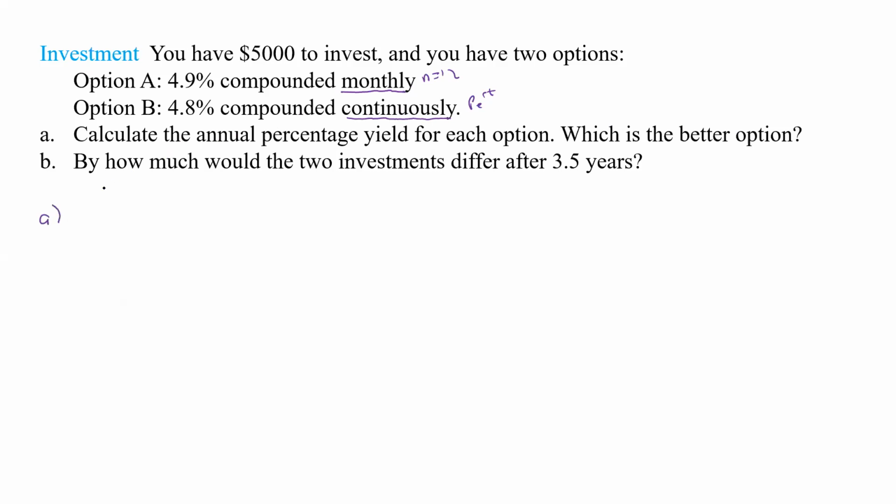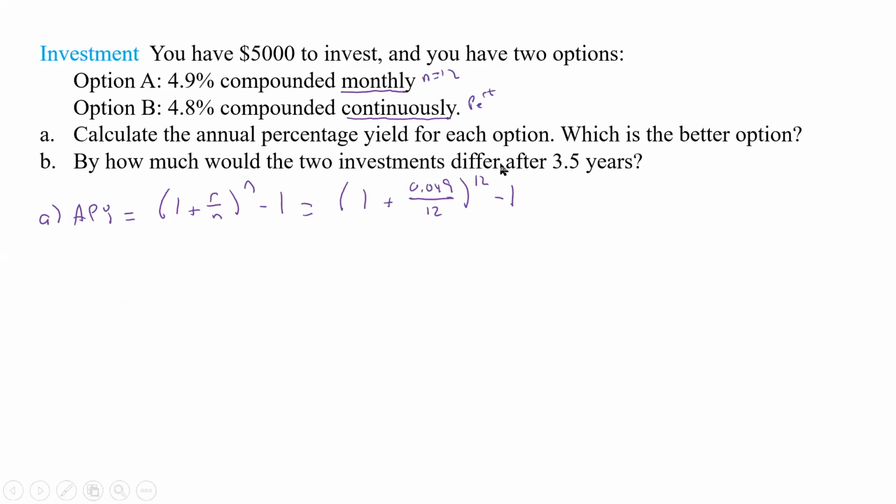So how do we calculate APY? Well, remember, APY for the monthly is going to be 1 plus r over n to the n, minus 1. Okay, and then we can convert that to a percent at that point in time, or once we get this, we'll know it's like 1.042 or something like that, and then we can convert it to 4.2%. Well, let's do this. So we have 1 plus 0.049 over 12, raised to the 12, minus 1, okay?